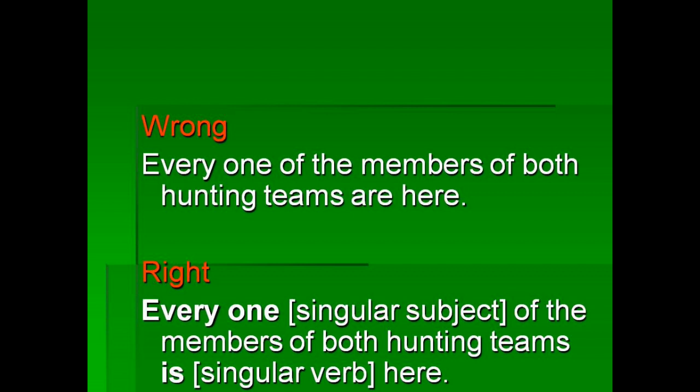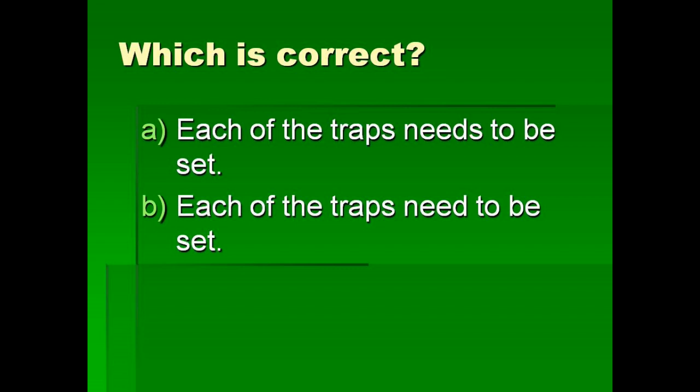Now, can you tell me which one is correct here? "Each of the traps needs to be set." "Each of the traps need to be set." You notice there's an S on needs and no S on need here. So which one is correct? Each of the traps needs or each of the traps need?